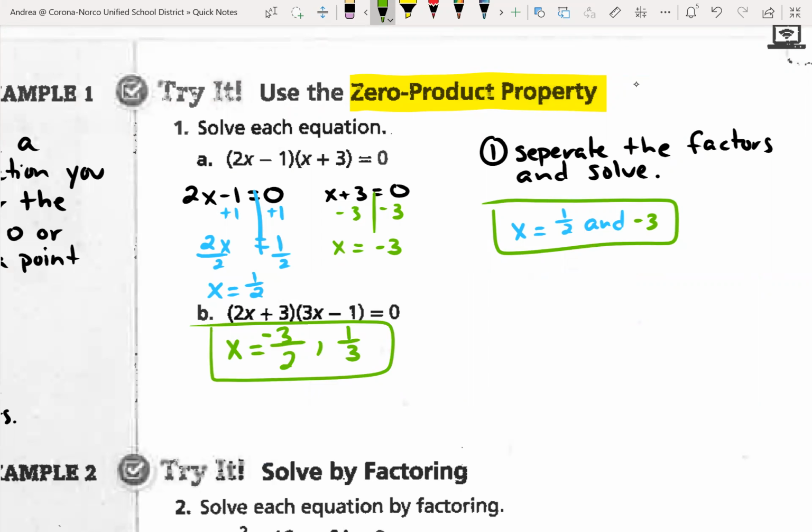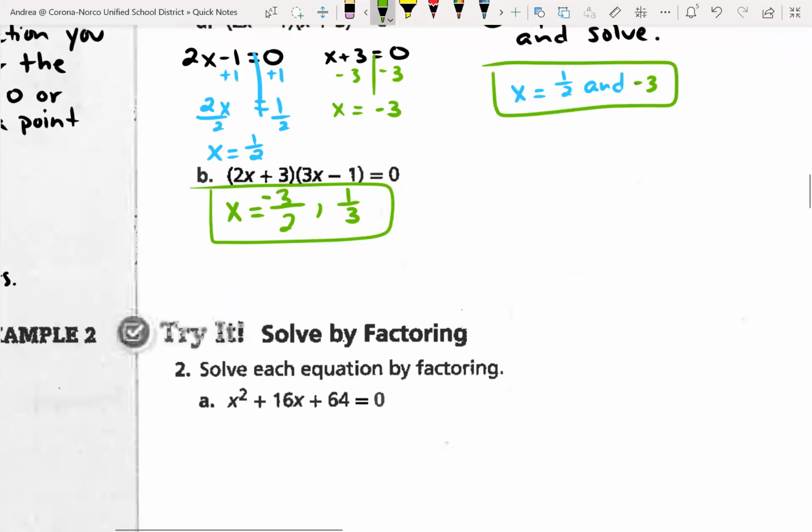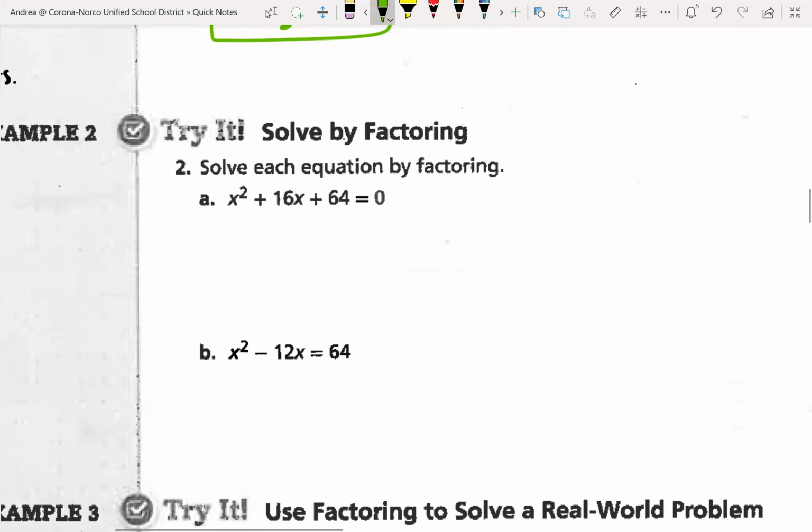We're good? Okay. Okay, the next one, they're asking you to solve each equation by factoring. It's not in factored form. Okay, so we need to factor it before we can solve it.